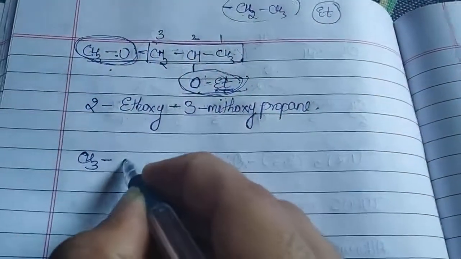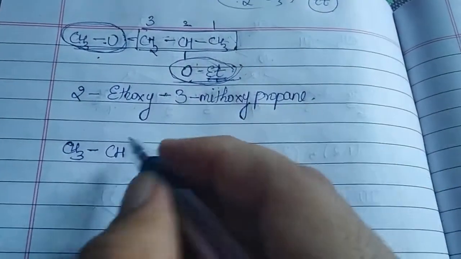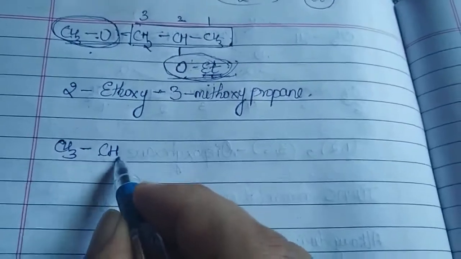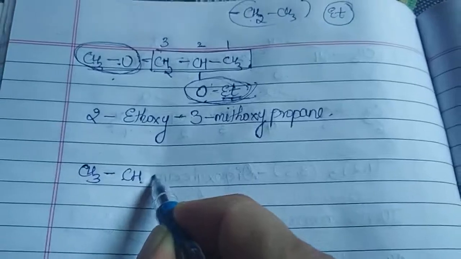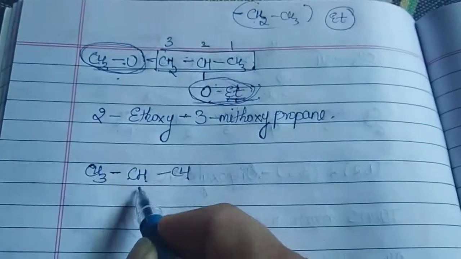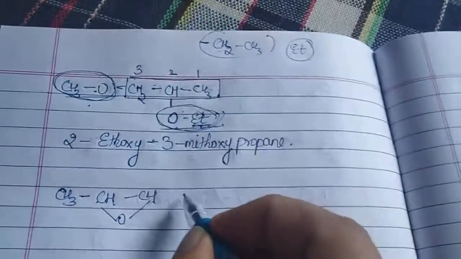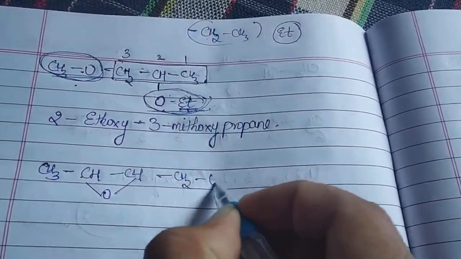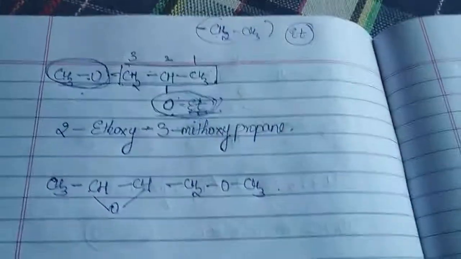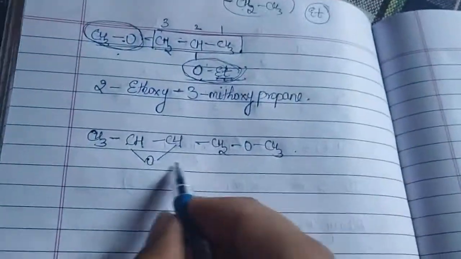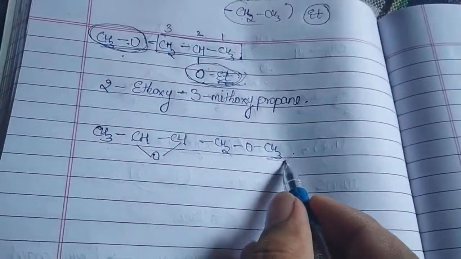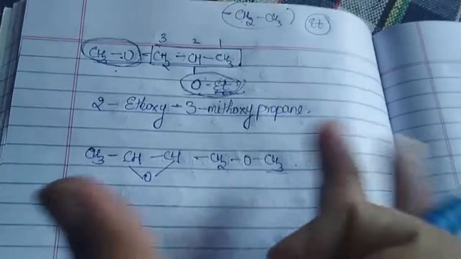So how can I write it, guys? CH3, just guide me in case I am missing the valency for the carbon. CH3CH, CH, I'll give here itself epoxy. Then I will give CH2OCH3. Yes or no? So now this is one type, this is another type. So this is an unsymmetrical ether.